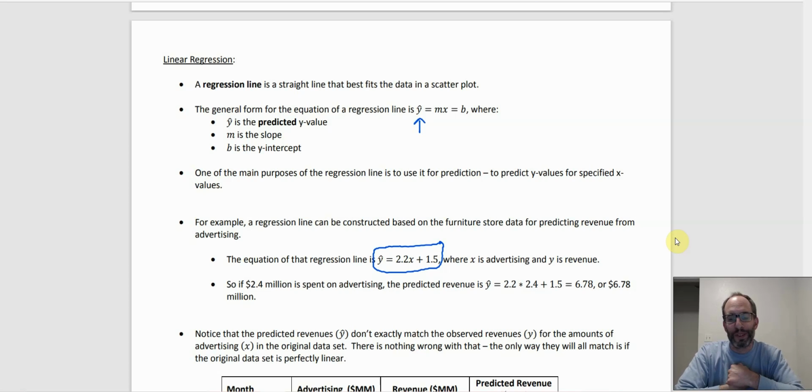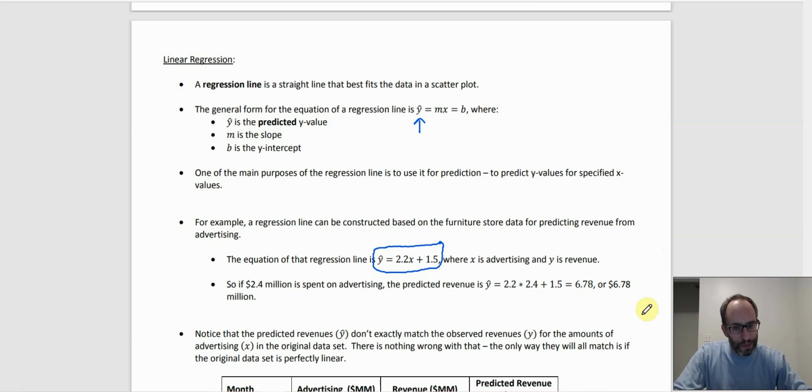Where the slope is the number that's multiplied by x. So then the X variable there was advertising, and then Y was revenue. So then that regression model, which would be the right term for that, is set up to predict revenue based on advertising. So you could substitute in an amount for the advertising budget and see what the predicted revenue would be, right? That's what that model would do.